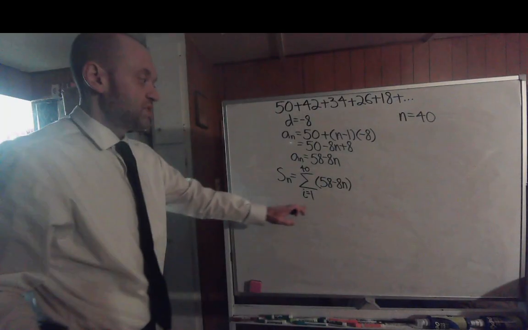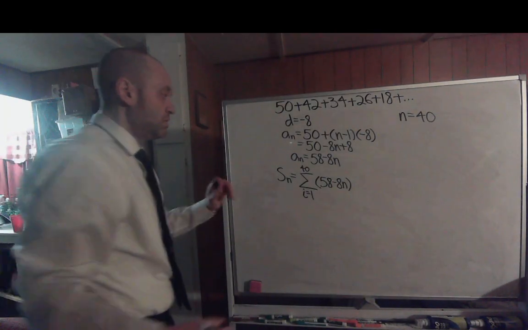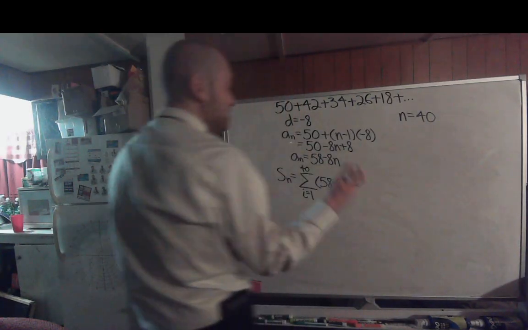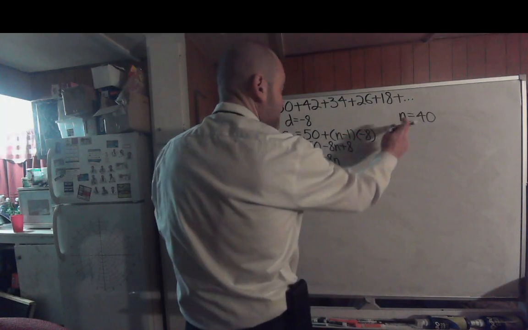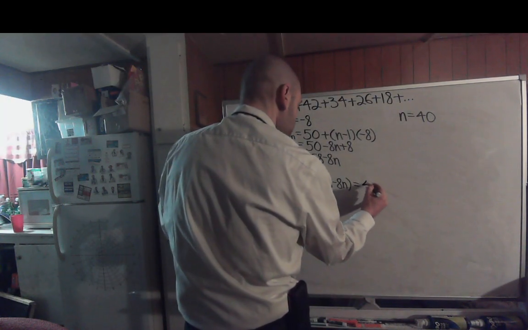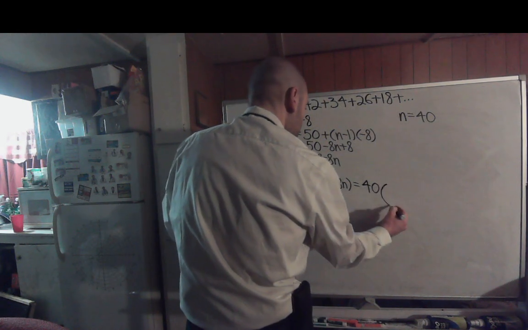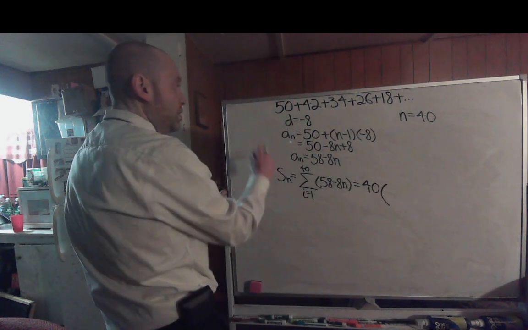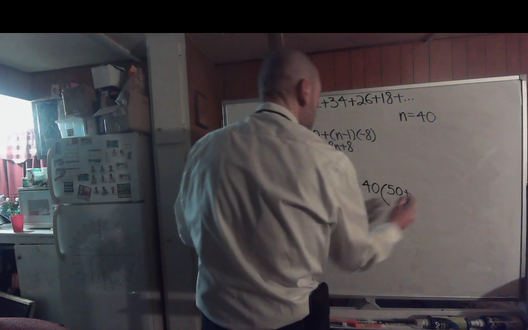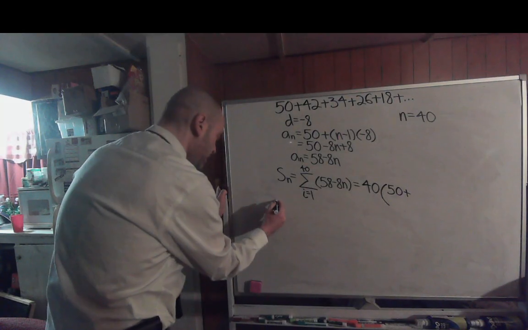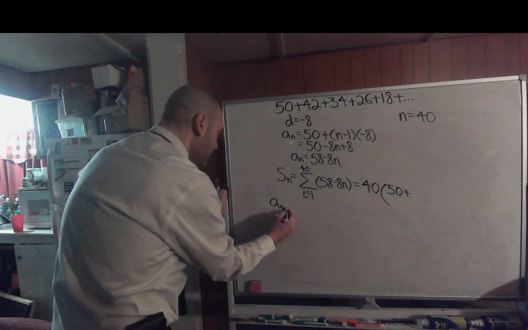So there's your sum. Now, to find the sum of the arithmetic sequence, it's the number of terms, in this case 40, times the quantity of your a sub 1, which is 50, plus your a sub n, which would be a sub 40. Well, let's find a sub 40.